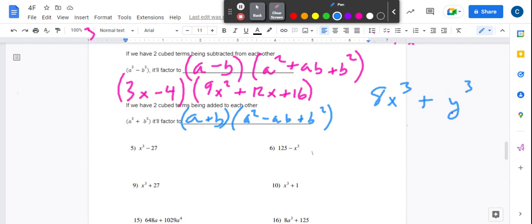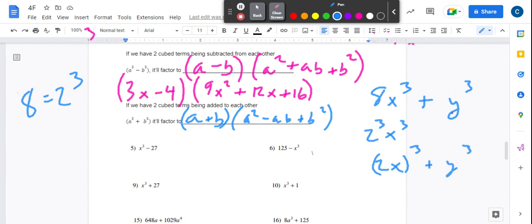Okay. Well, we know 8 is really 2 cubed. So 8x cubed really becomes 2 cubed x cubed, and 2 cubed x cubed really just becomes 2x cubed.